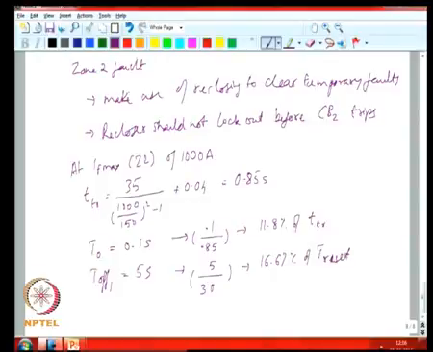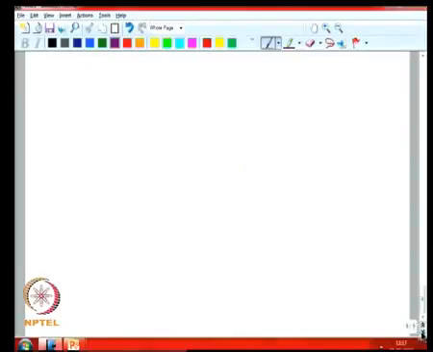Now, if you look at your next action, your close duration 1, TC1, of 0.7 seconds, that corresponds to 0.7 by 0.85 of your circuit breaker.